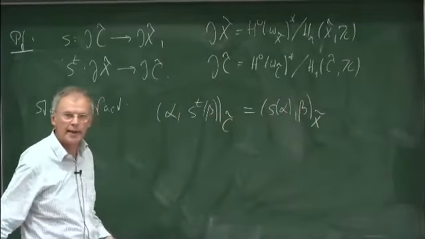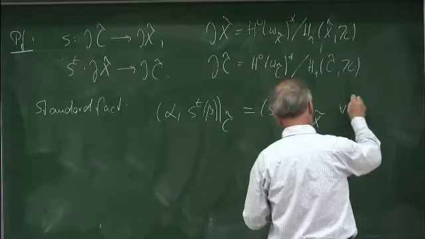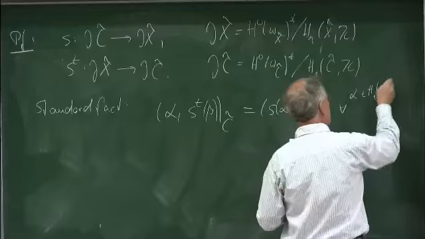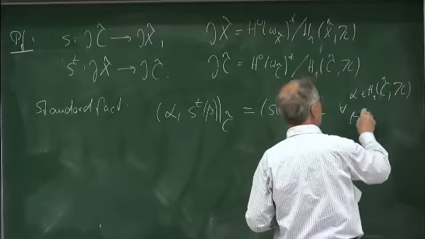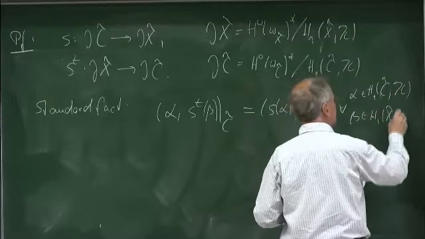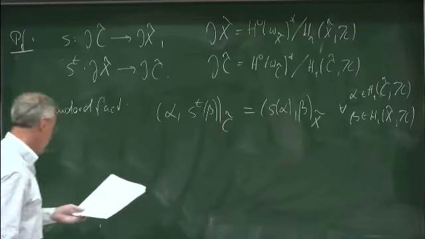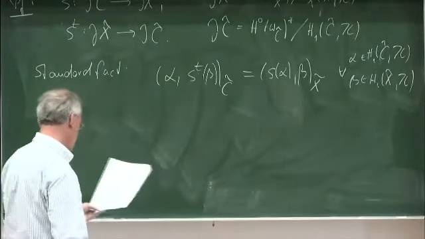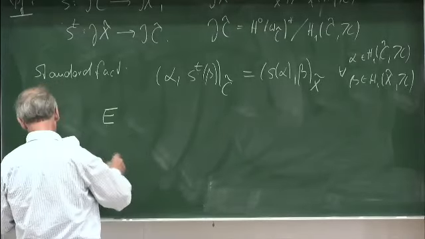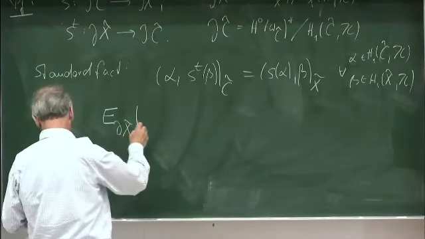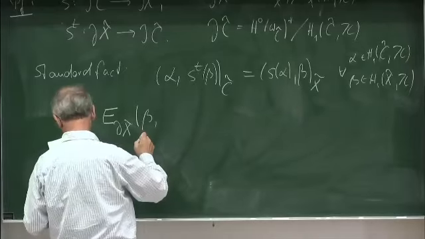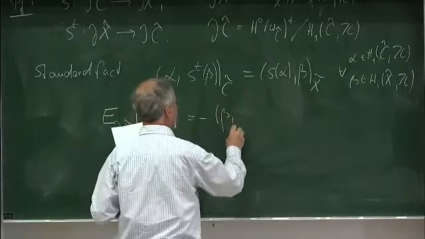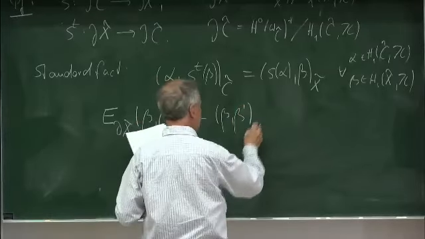This is the intersection product, for all alpha in H1 of C tilde Z and beta in H1 of X tilde Z. Moreover, the canonical polarizations are given by minus the intersection product: on J of X tilde, beta, beta prime is given by minus the intersection product on X tilde.